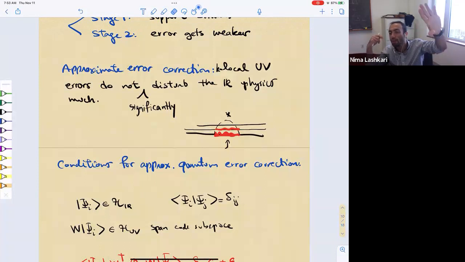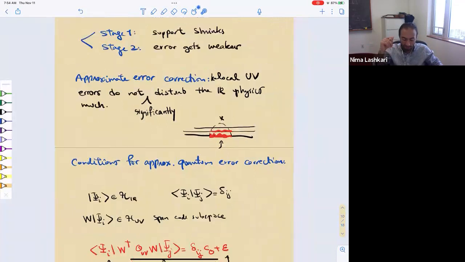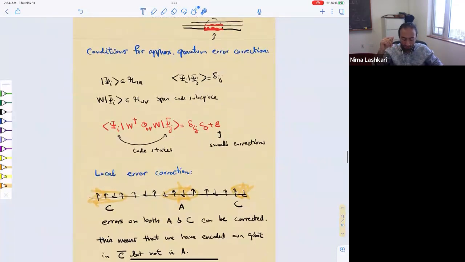Over there, you immediately commute. So if you have a local operator here, it immediately commutes with that operator. But anyway, let me not push for this. This has to do with the details of complementary recovery, and I'm actually going very far behind in my discussion.